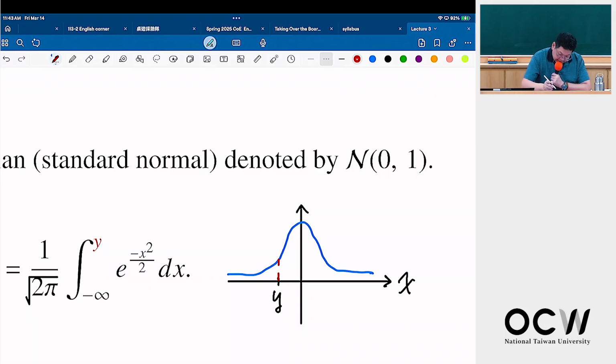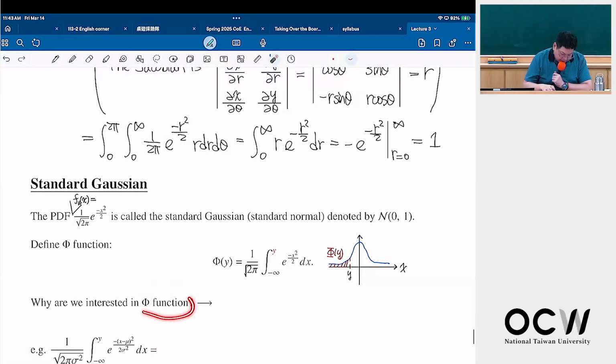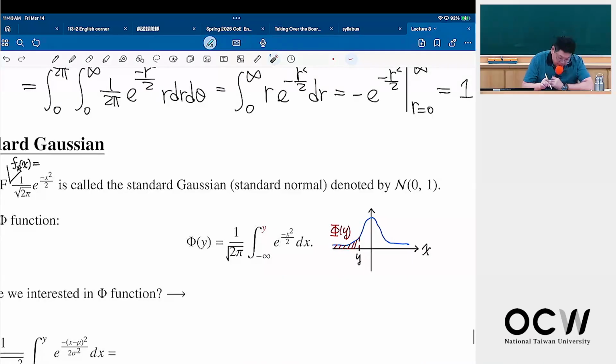Then this will be phi of y. Why are we interested in this phi function? Because we have a table for this. It's more convenient.